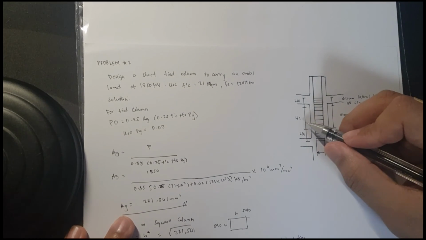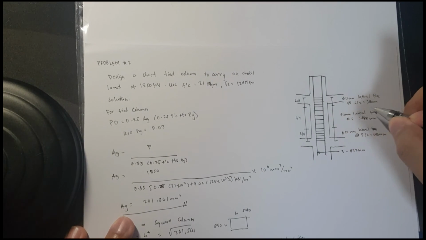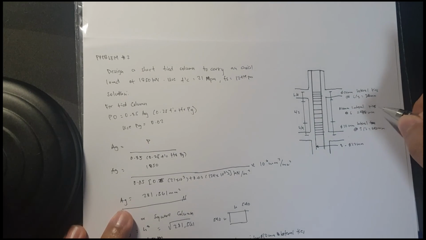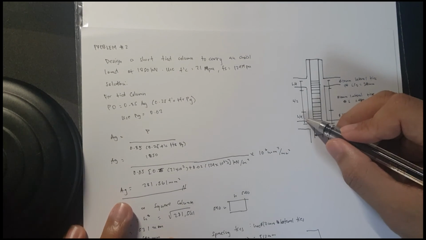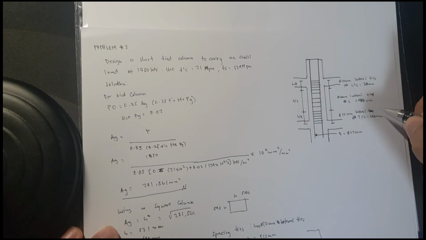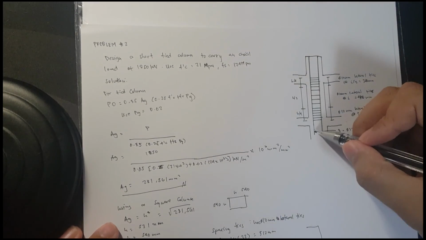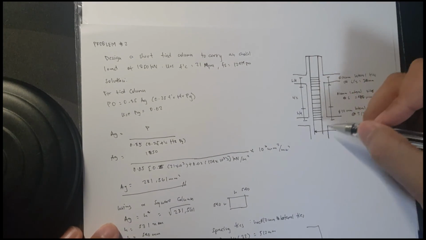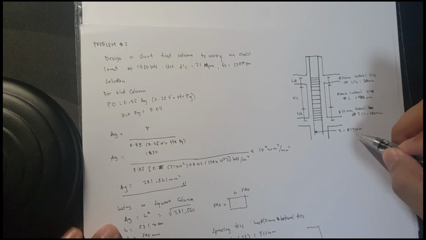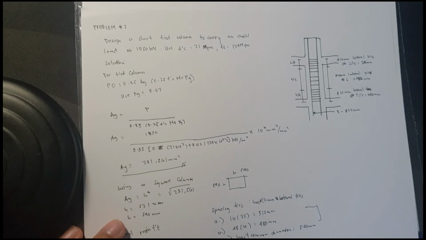Tapos sa L over 2 naman is 10 mm diameter lateral ties, 480 mm yung spacing niya. Then dito naman sa L over 4 is 10 mm diameter lateral ties naman, and then 240 mm spacing. Tapos dito naman ito na yung 8 bars natin with 32 mm diameter. So yun lang. Thank you.